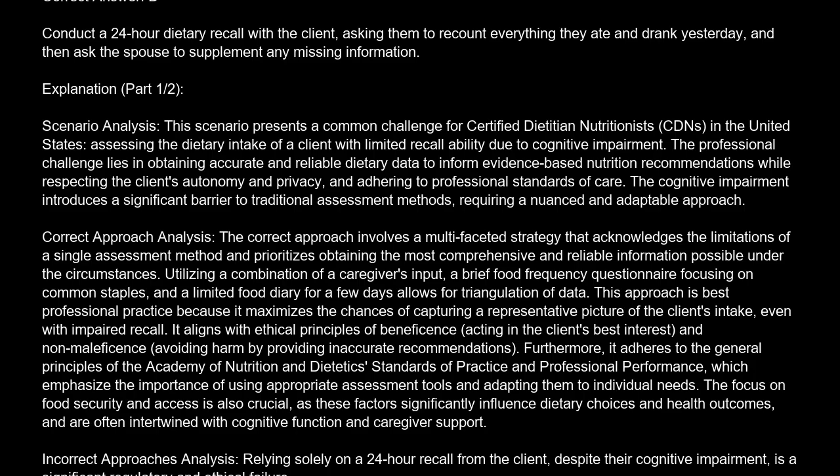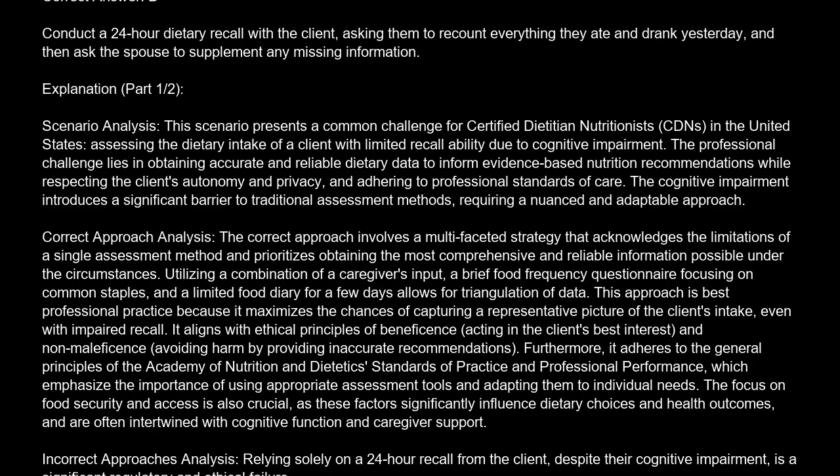This approach is best professional practice because it maximizes the chances of capturing a representative picture of the client's intake, even with impaired recall. It aligns with ethical principles of beneficence, acting in the client's best interest, and non-maleficence, avoiding harm by providing inaccurate recommendations.